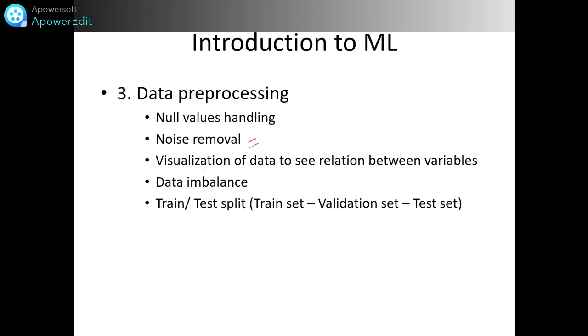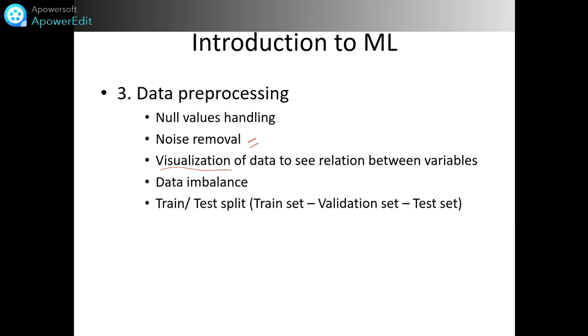After that, in data pre-processing, you can also do visualization of the data to see the relation between the variables. What is the advantage of this? Say you have recorded 7 variables or 7 attributes corresponding to a problem.